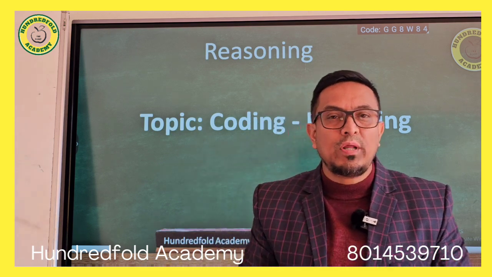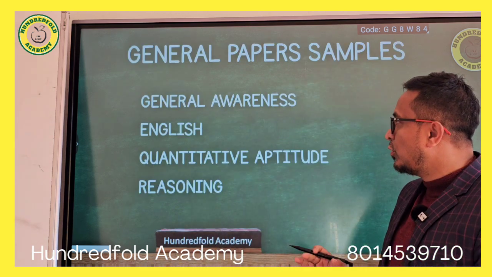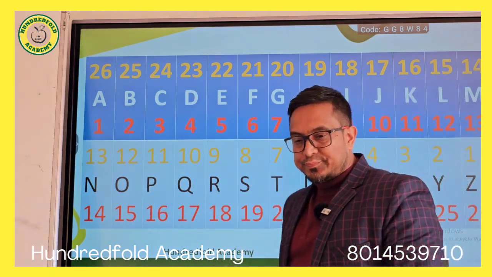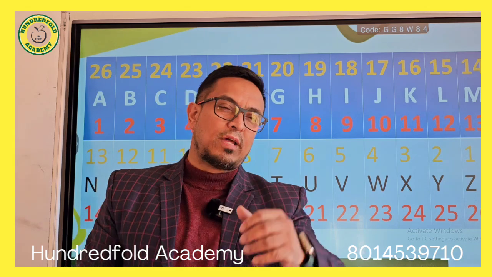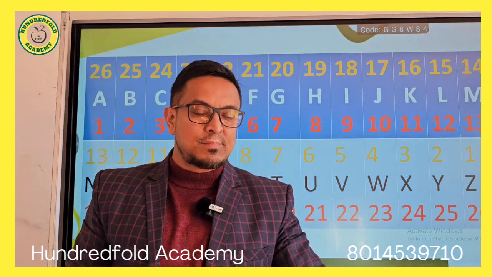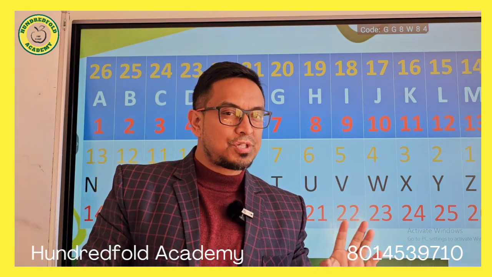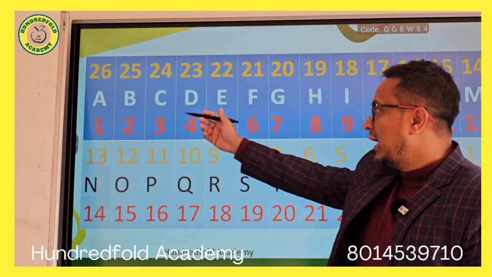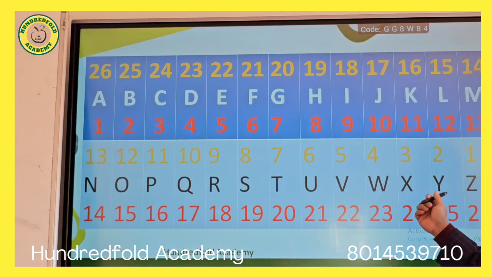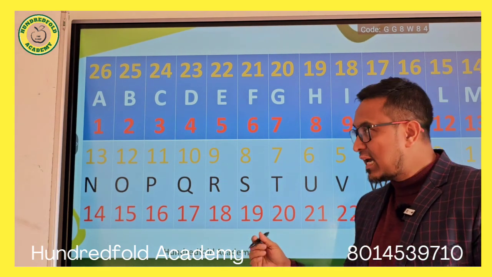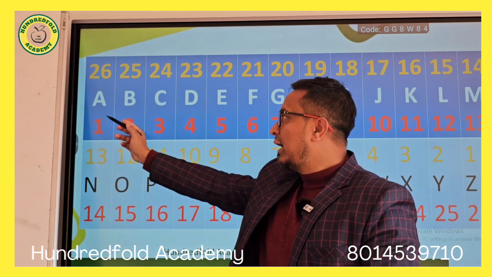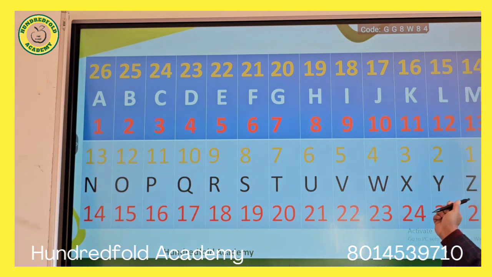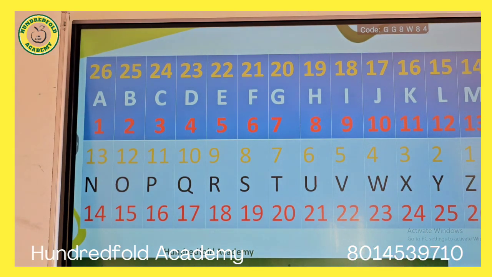When you do coding-decoding, you'll have to understand this chart. How do you prepare this chart? In fact, you can even prepare it in your rough work before you go for your exams. This chart is basically writing the letters of the English alphabet, A, B, C, D till Z. There are 26 letters, and you number them: A is 1, B is 2, C is 3, and so on till Z, which is 26.